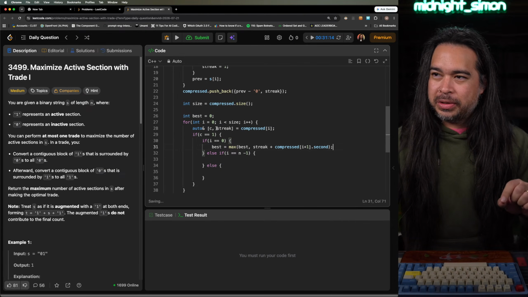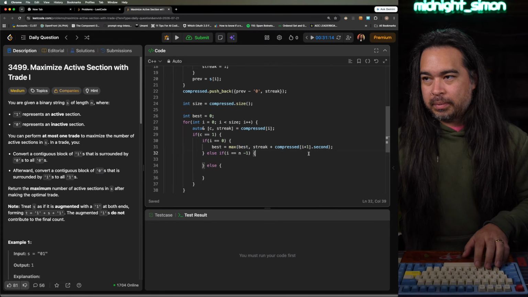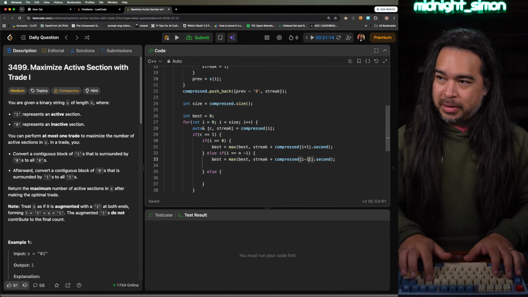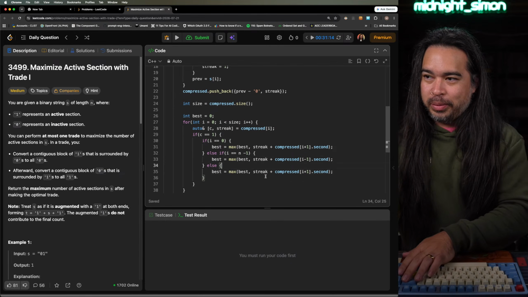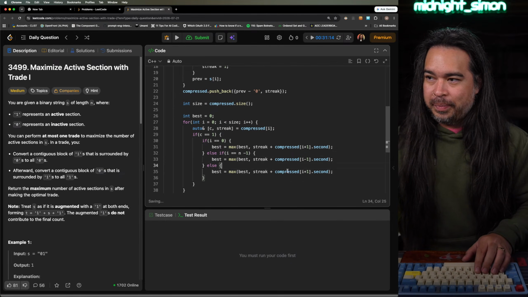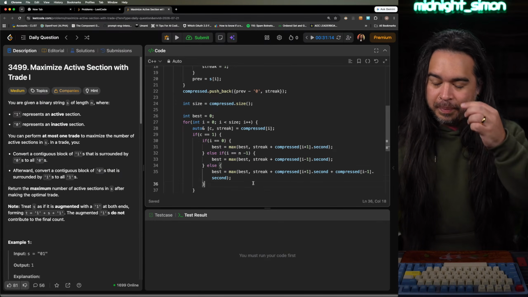So it's our current streak plus the right streak. And this one is plus the left streak. And then this one would be plus that one and that one.